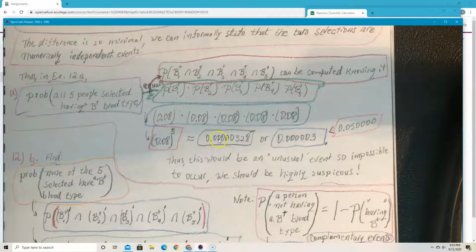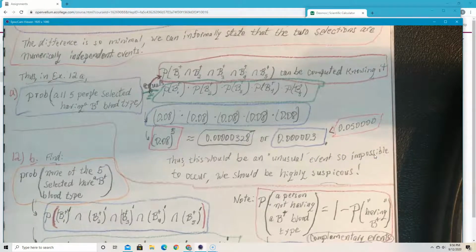Point 0, 1, 2, 3, 4, 5. 5 zeros, 3 2 8 or so. And that's way less than 0.05. So this would be an unusual event.